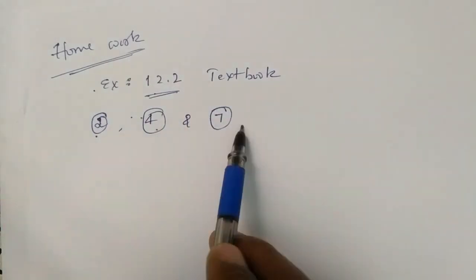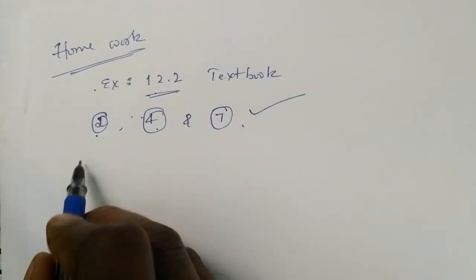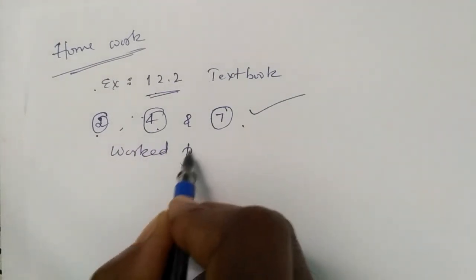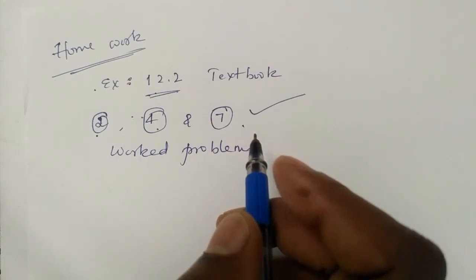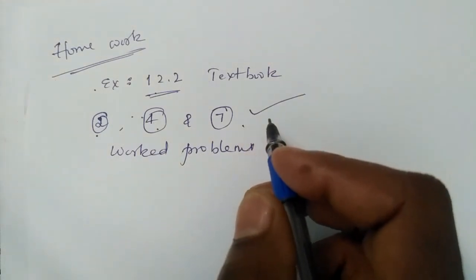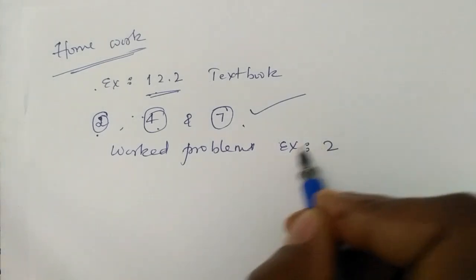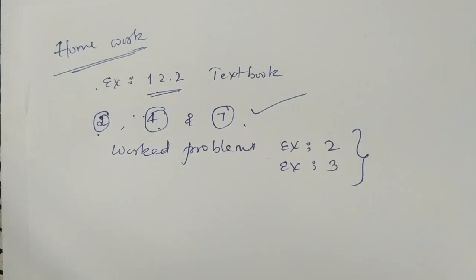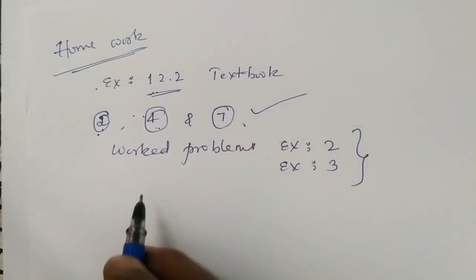Do the second problem, fourth problem, and seventh problem. This is all you try. Some worked problems are also there in the textbook, that is example 2 and example 3. These two are worked examples, plus exercise problems 12.2, 2, 4, 7, you try at home.